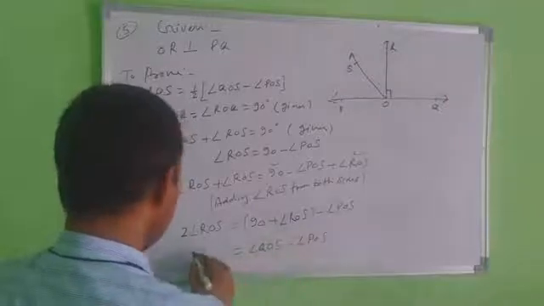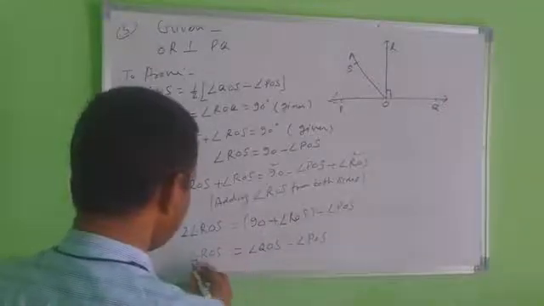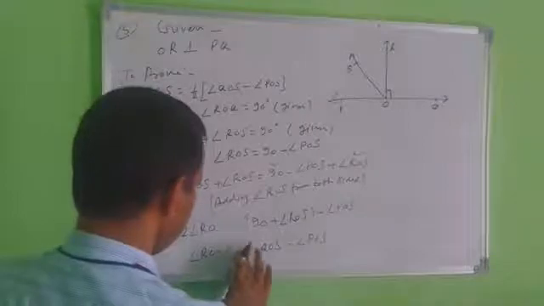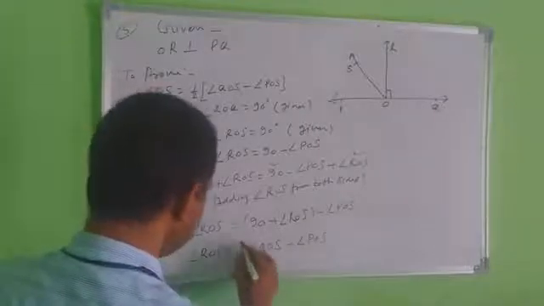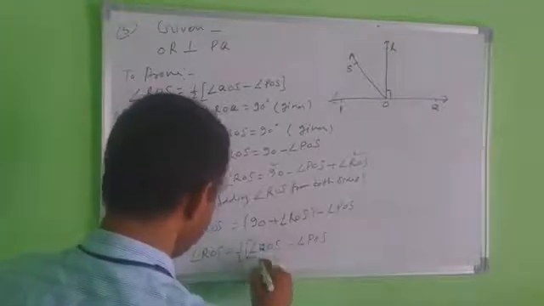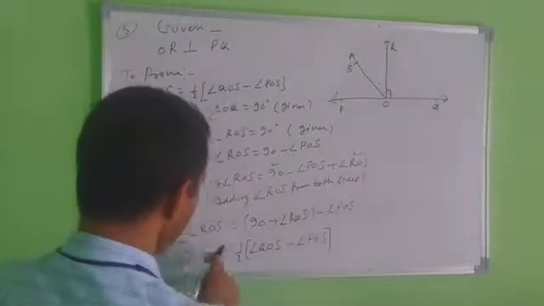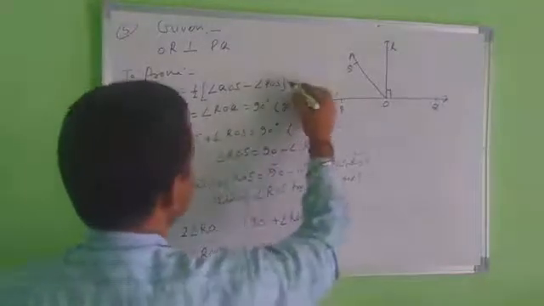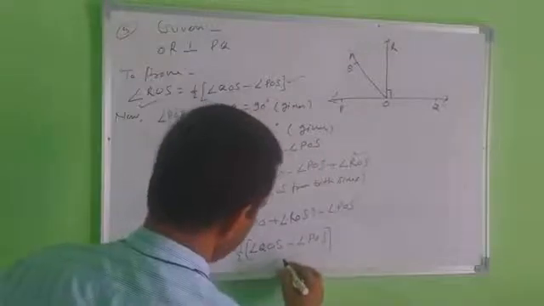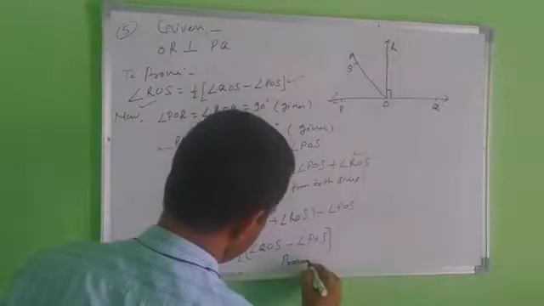So 2 ROS equals QOS minus POS, and transposing the 2 to the other side, angle ROS equals half of angle QOS minus half of angle POS. The same thing you write here. Proved.